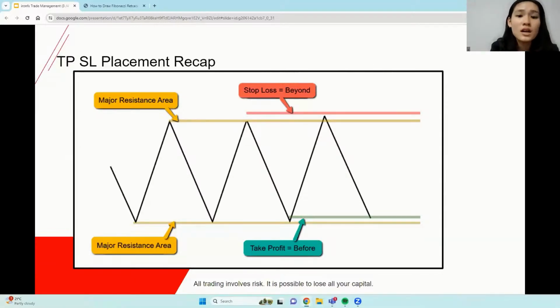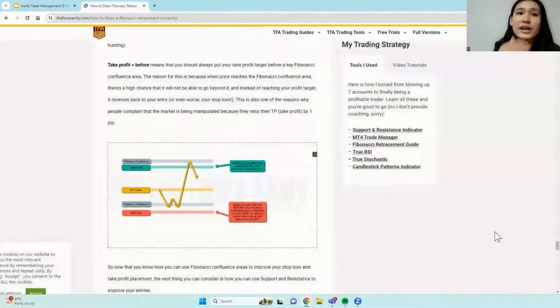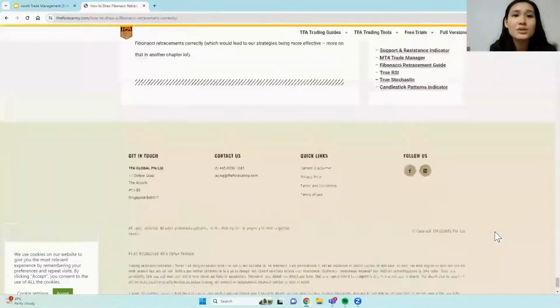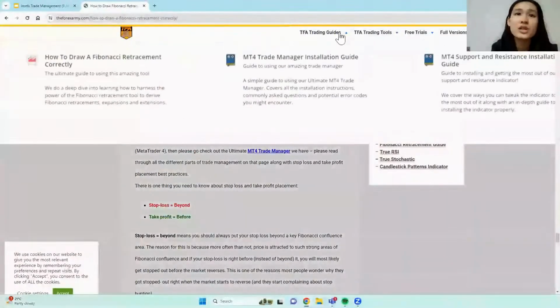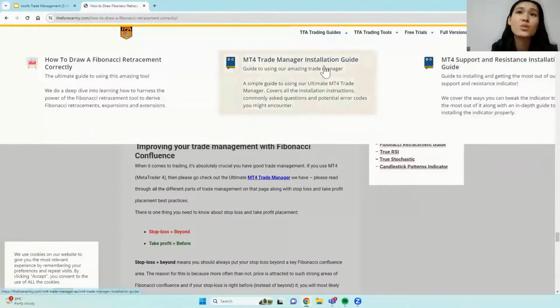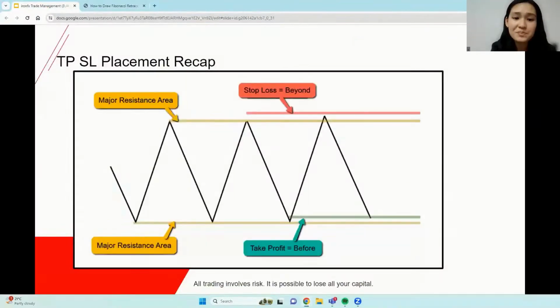Yep, so you can go ahead and take a look at this website. Feel free to explore. We have some examples, some trading guides for you to take note of, and support and resistance, some MT4 installation guides as well, and trading tools. So you can go and explore that on your own.